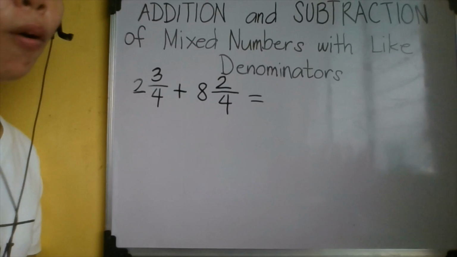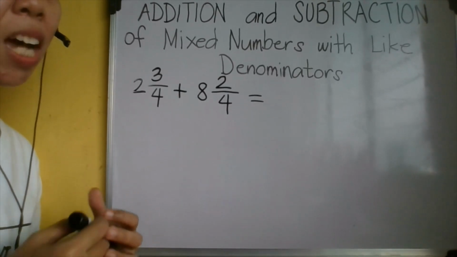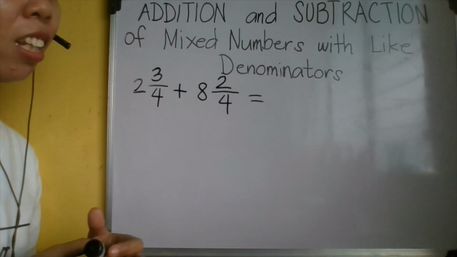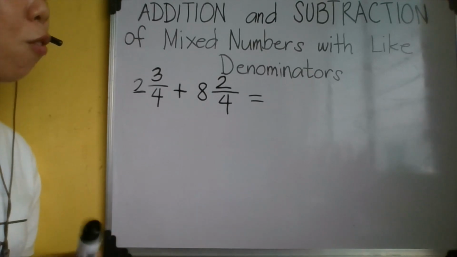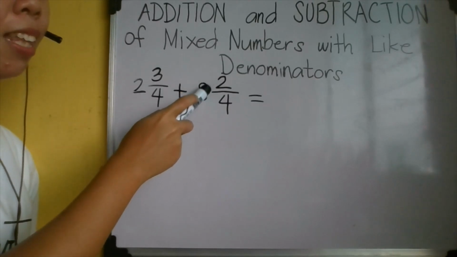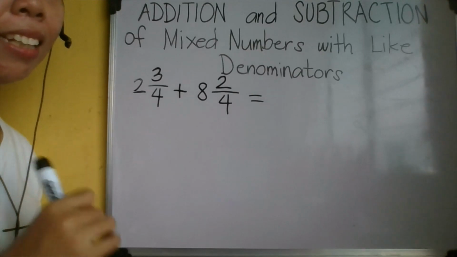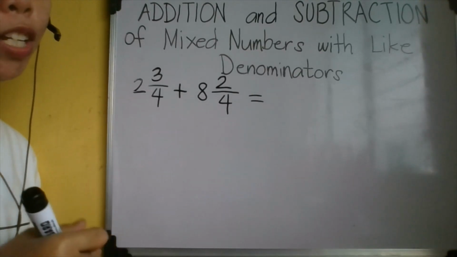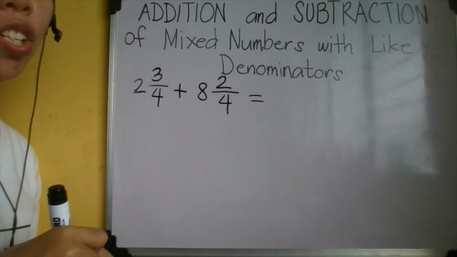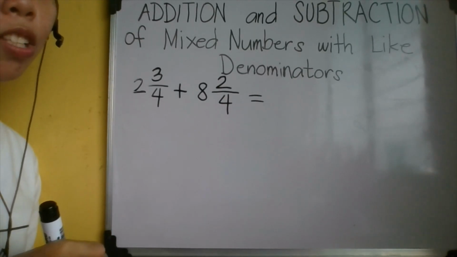Okay, now let us add mixed numbers having like denominators. If we have 2 and 3/4 plus 8 and 2/4, we have two methods in adding mixed numbers. The first one is by changing the mixed numbers to improper fractions first before adding.